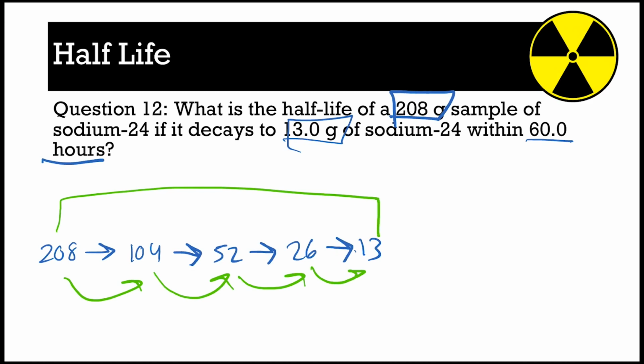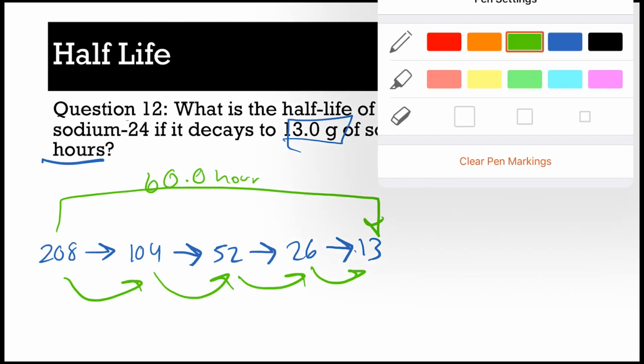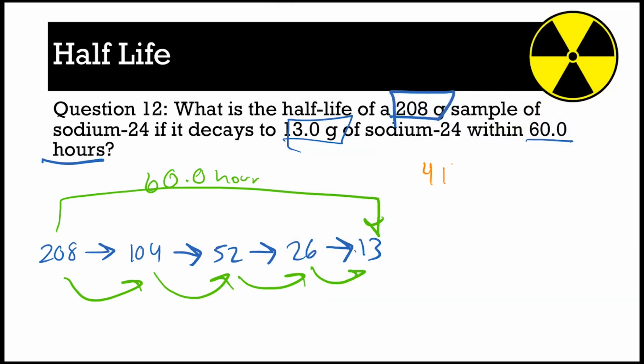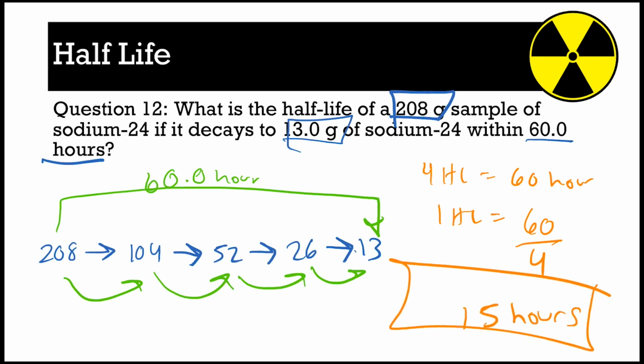And it took 60 hours for 4 half-lives. So we know that 4 half-lives is equal to 60 hours. 1 half-life is equal to 60 divided by 4. So we get 15 hours. And that is it.